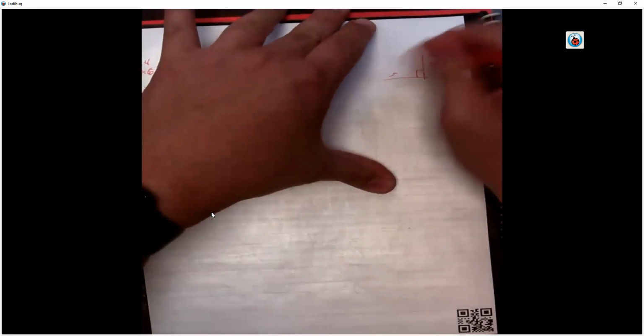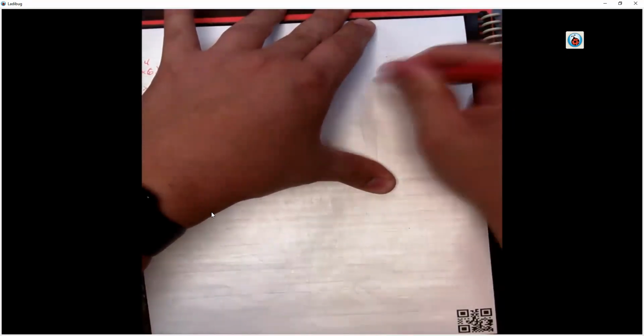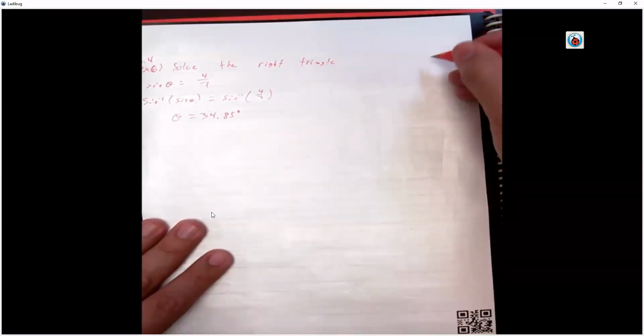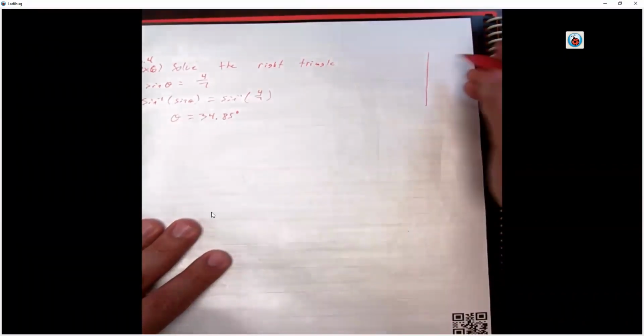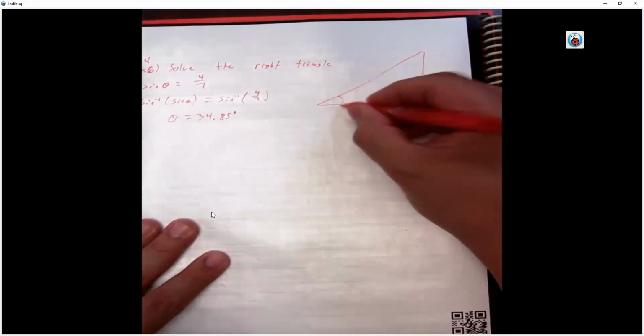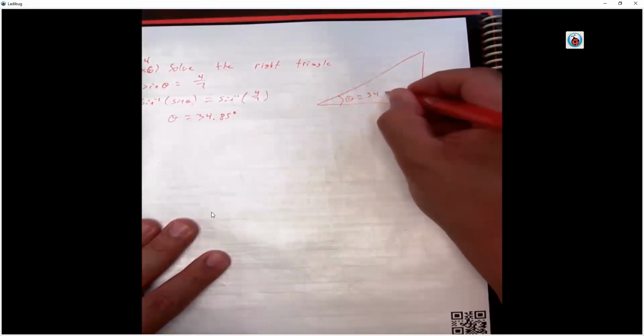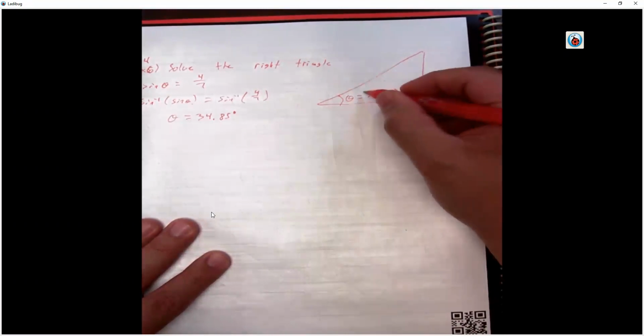So that's theta. Let me make this bigger. So theta we found to be 34.85 degrees.